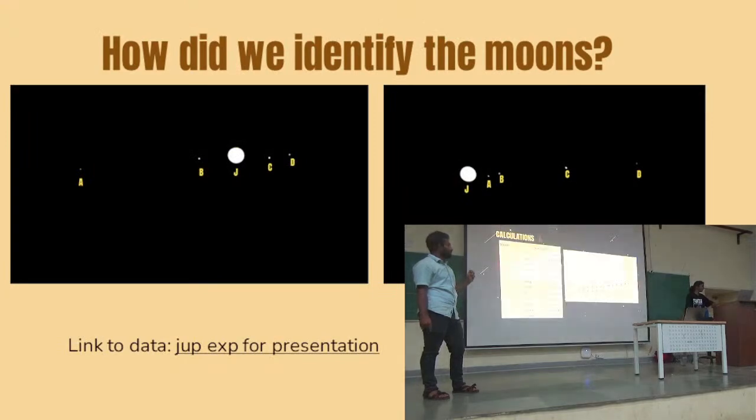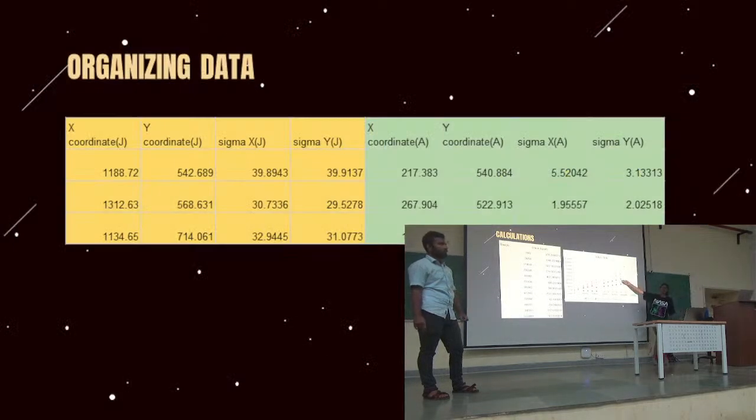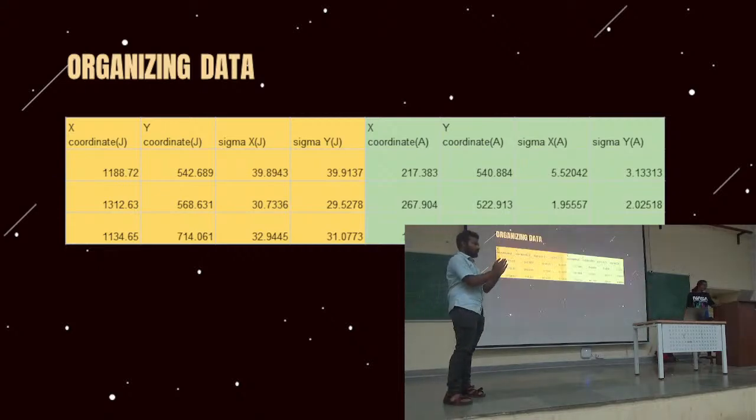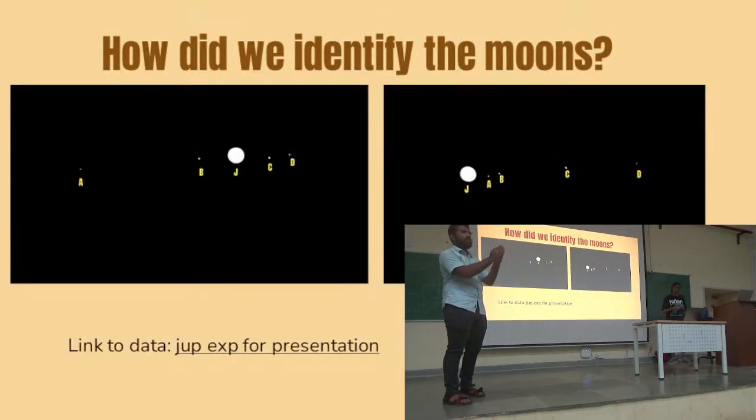Then we ran a simulation, and from that we can tell which dot corresponds to which moon. For the second image, we just said that from the left side, whichever is the first one is A, the second one is B, the third one is C. We don't know, and then we use the data.